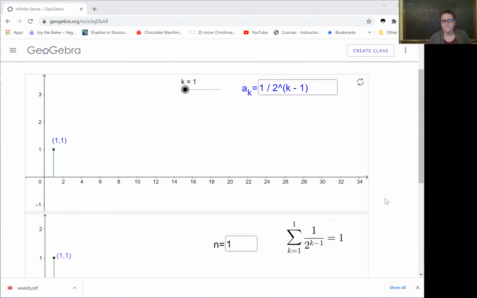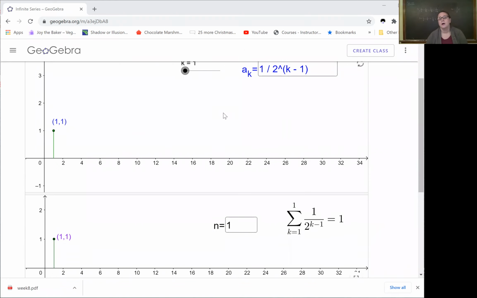A lot of times people use k rather than n. I like to use n, and our book uses n. But if you see k, it's not a big deal. So the first thing is, in terms of summation notation, I can write this thing down with summation notation. So here's your summation.